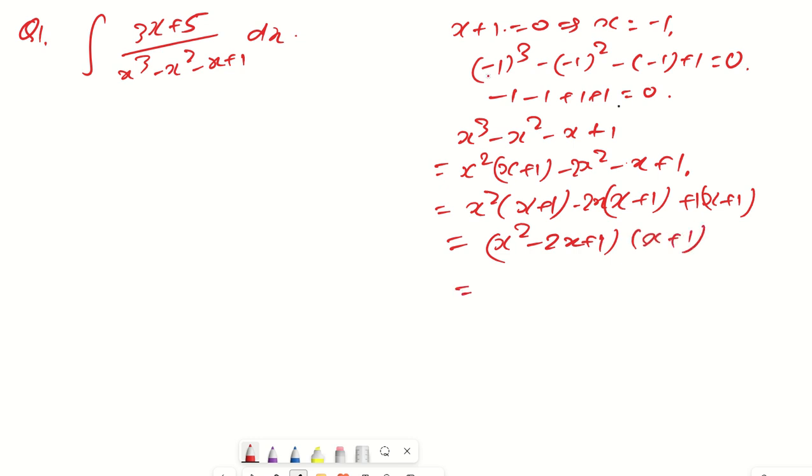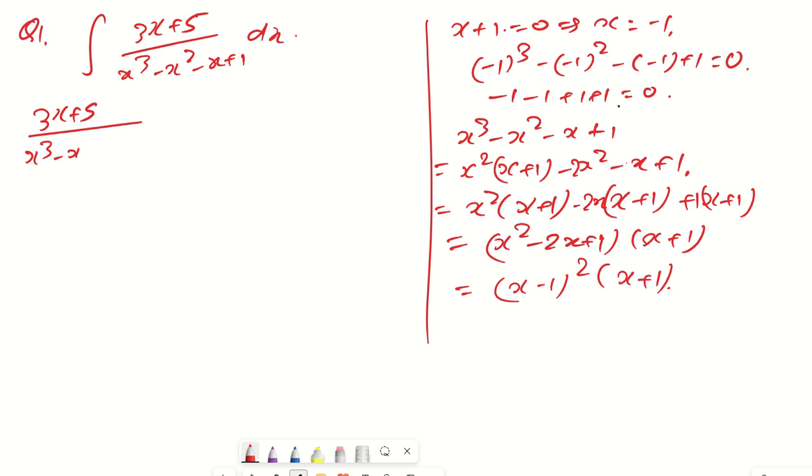So the total term that is coming up is x minus 1 whole square into x plus 1. So my term, (3x plus 5) divided by (x cube minus x square minus x plus 1), can also be written as (3x plus 5) divided by (x minus 1) whole square into (x plus 1).